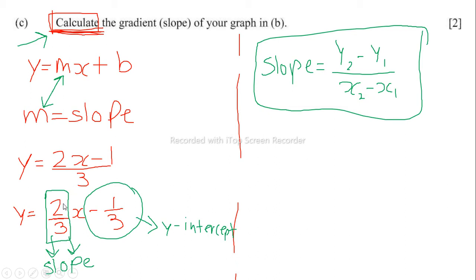So we applied the 3 to the 2 and also to the negative 1, and said that the slope is 2/3 and the y-intercept is -1/3. That's how we do it if we just want to identify it. But here they said calculate, so we have to use the slope formula to calculate it.